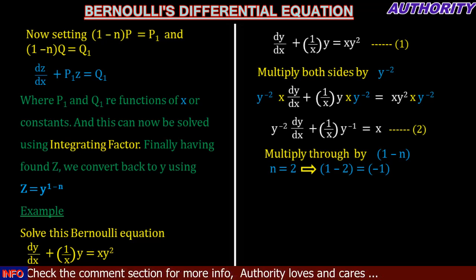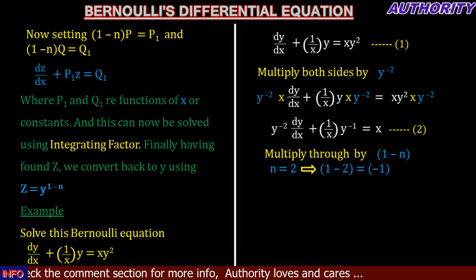So our n is 2, and that means we have 1 minus 2. We multiply through by 1 minus 2, which is minus 1. So this equation 2 that we have, we multiply it by minus 1.